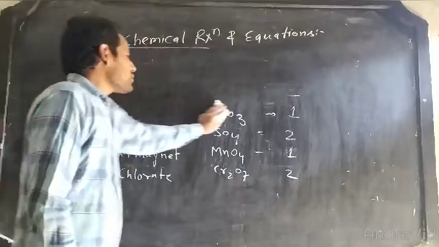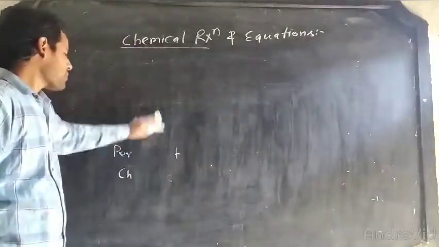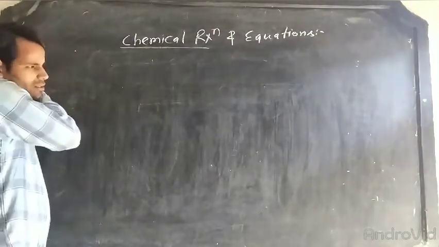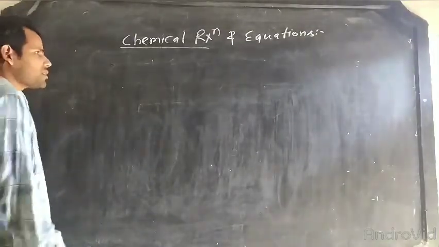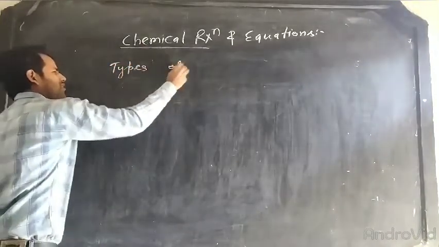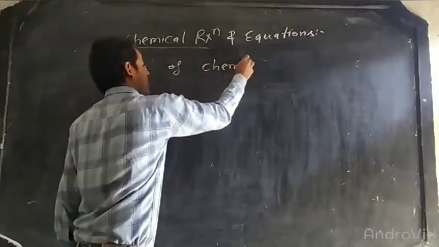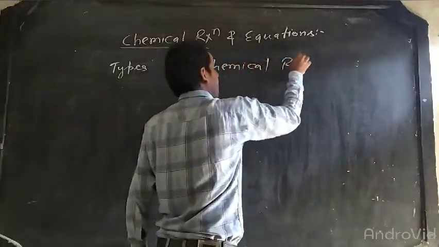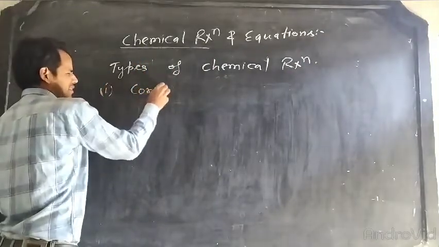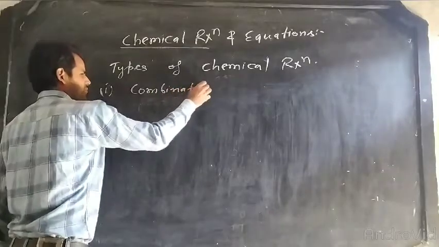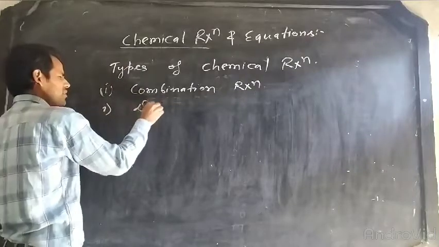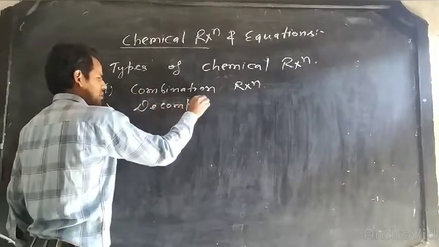Now we go to the chemical reactions. After that, we go to balancing the equation also. First of all, the types of chemical reaction. Number 1, combination reaction. Second, decomposition reaction.